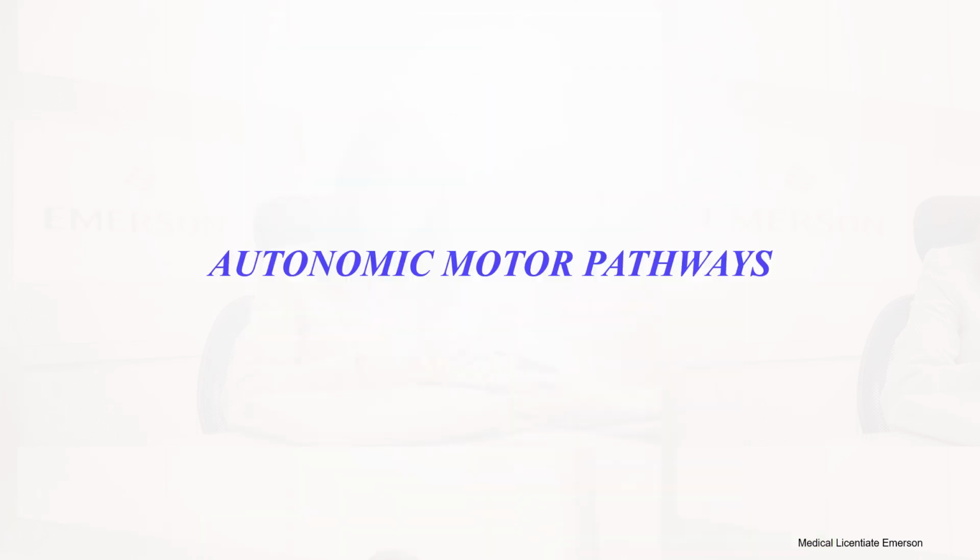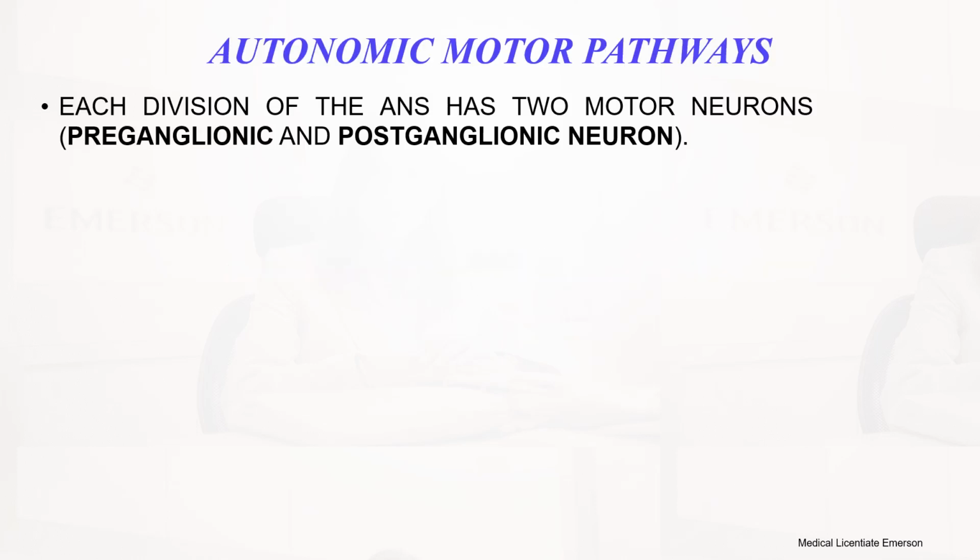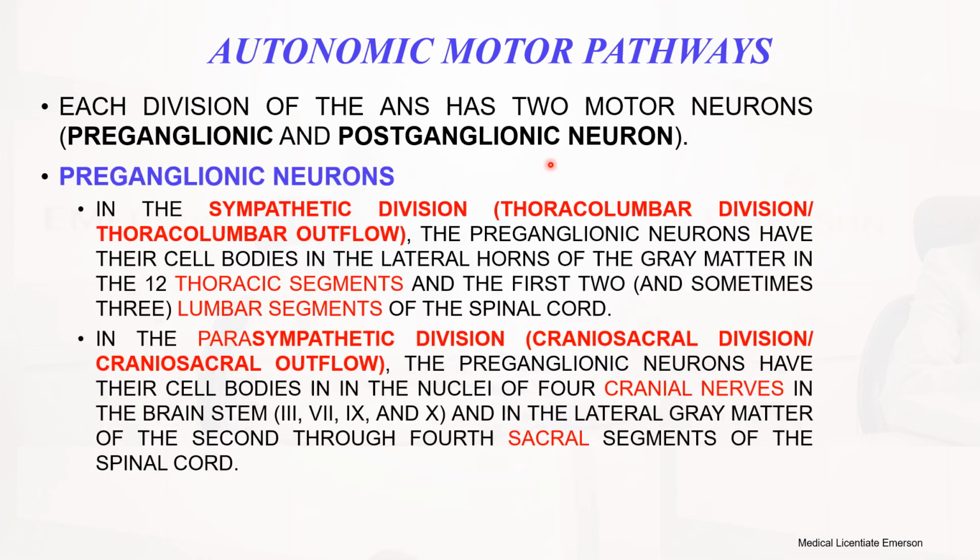Okay, so let's look at the autonomic motor. So each division of the autonomic nervous system has two major neurons, which are the preganglionic and the postganglionic neurons. So let's look at the preganglionic neurons.